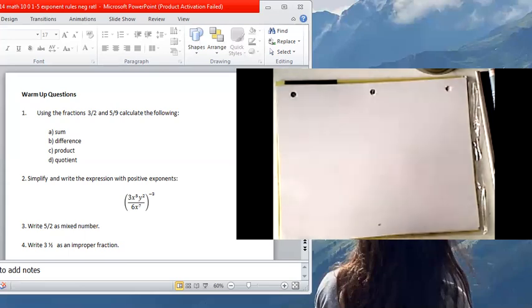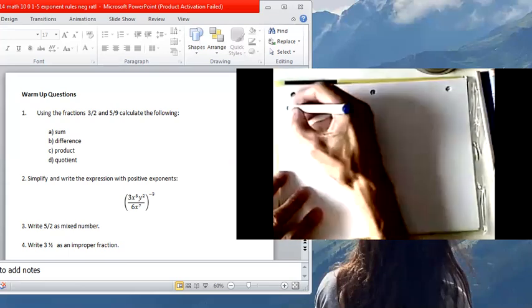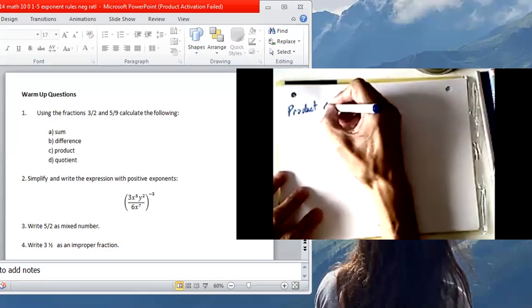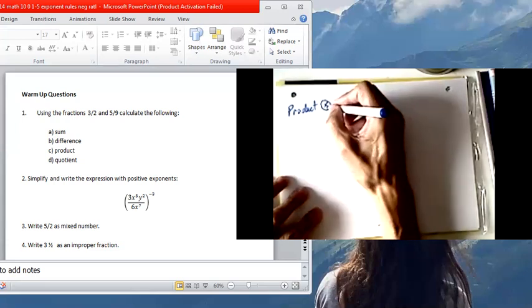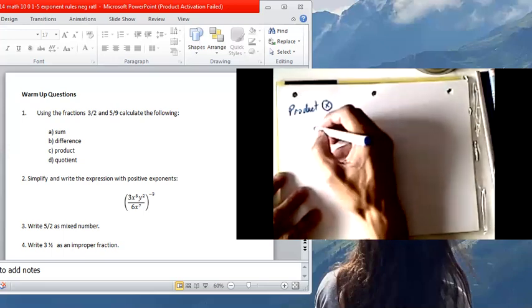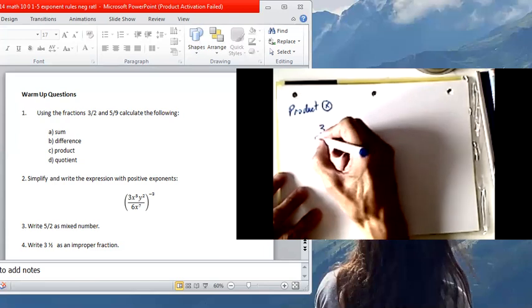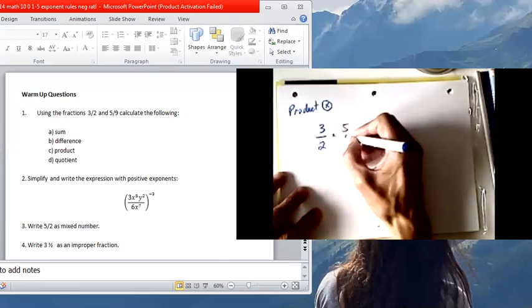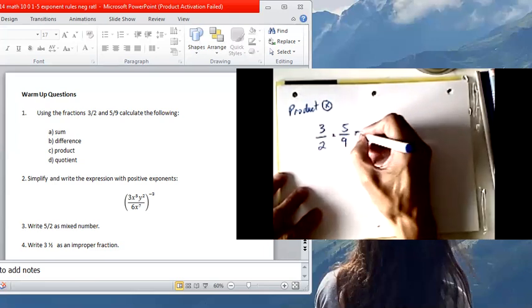The product. As I said, maybe this one should have been first because we actually used multiplying for the earlier answers. But because we didn't, this should now be easy.